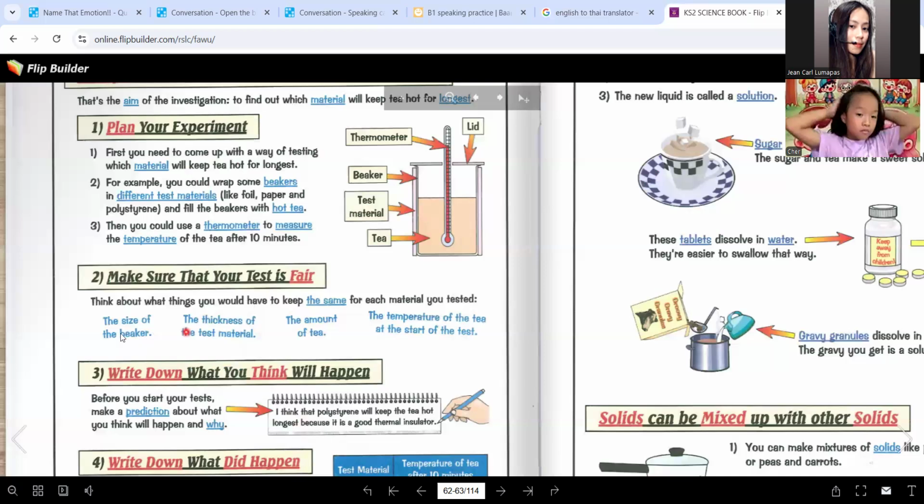Okay, go. Number two, make sure that your test is fair. What do you mean by fair?